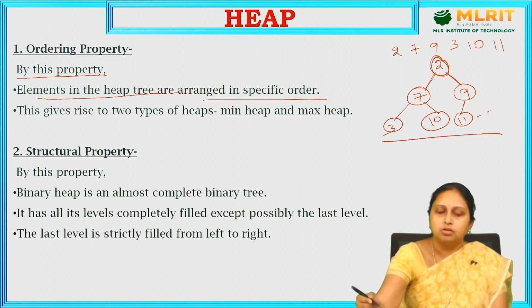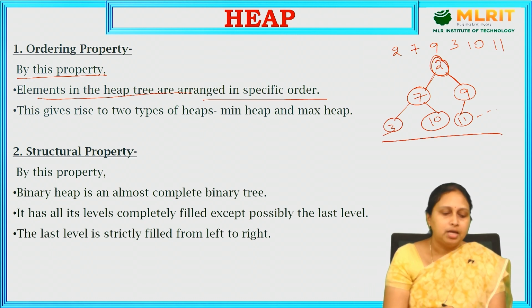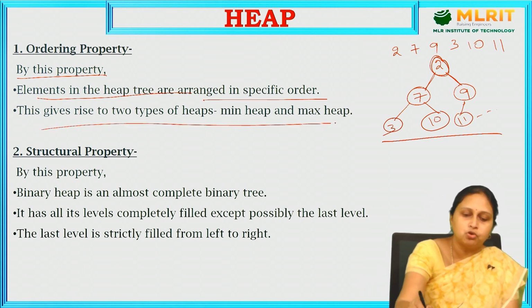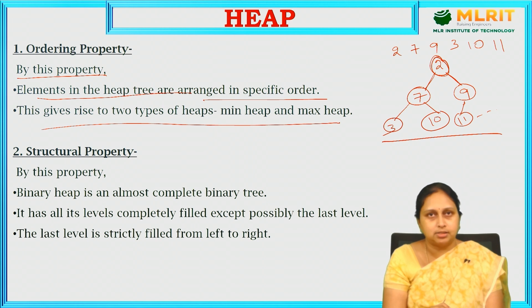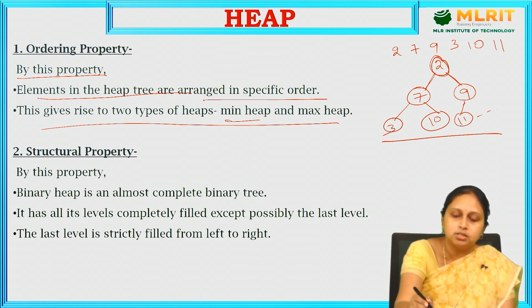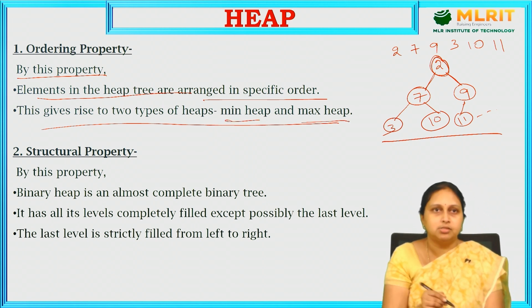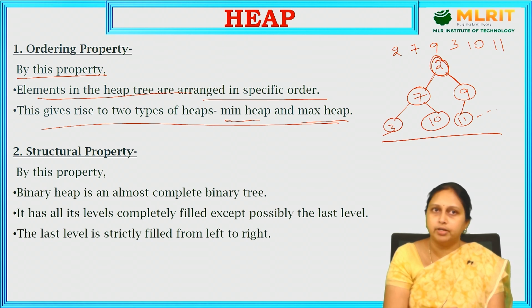This is how the ordering is going to be. And this gives rise to two types of heaps: min heap and max heap. We will look into what min heap and max heap are in the coming PPTs. This is about the ordering property which is satisfied in a binary heap.